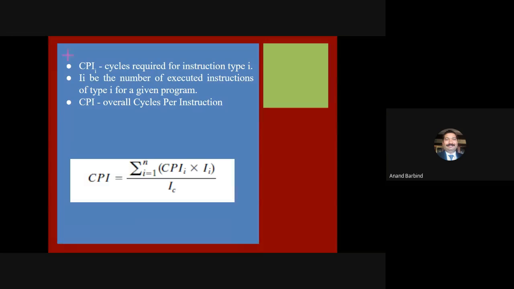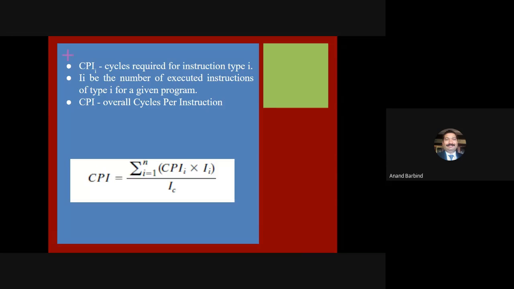How many cycles are required per instruction? Earlier, in some literature, it was instructions per second, that is, how many instructions are executed per second, but one more parameter is defined, that is, cycles per instruction. These two quantities are reciprocals of each other.